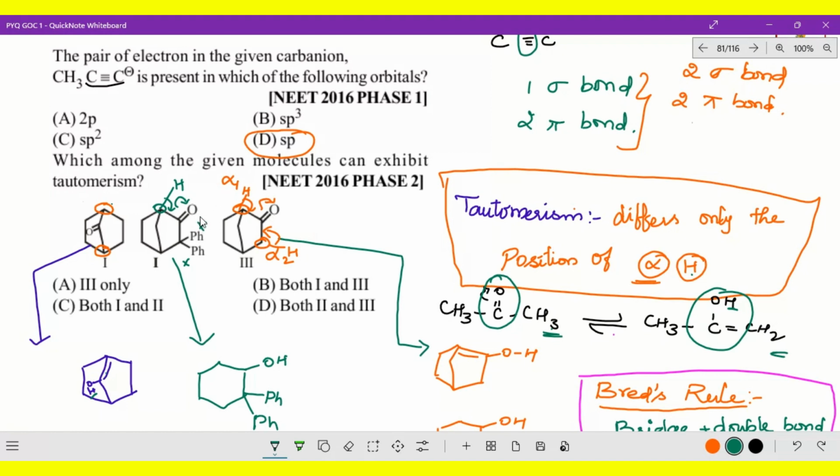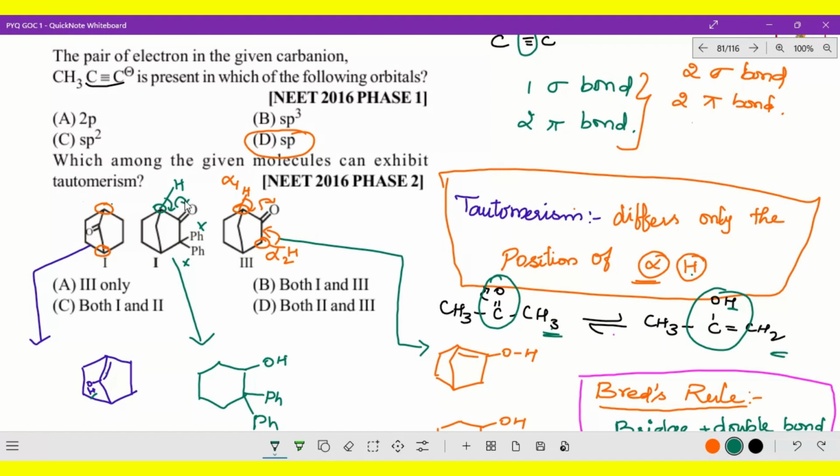Now in that way, how do we identify? See, on this side, C double bond O, next to the left side there is an alpha hydrogen, whereas here, do you find any alpha hydrogen? Because it is attached with the phenyl group. Phenyl group resonance takes place. So you cannot find any alpha hydrogen. That's why I purposely put it wrong. So there is no alpha hydrogen.